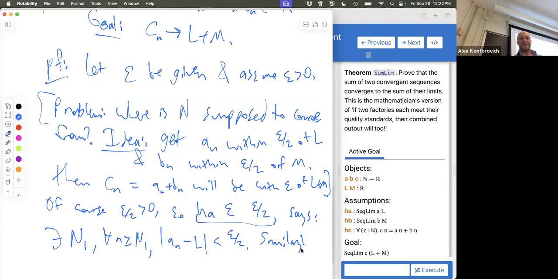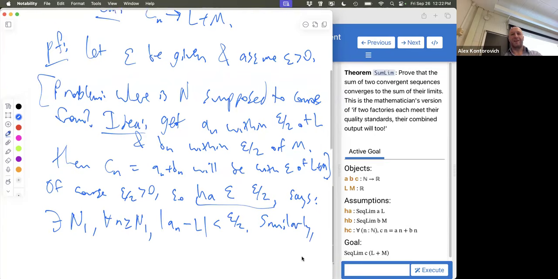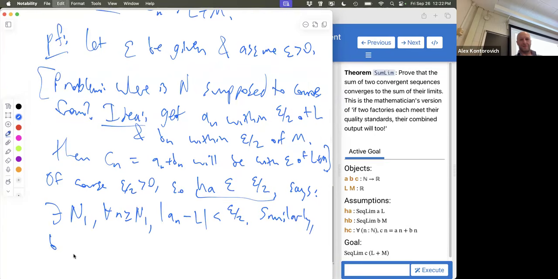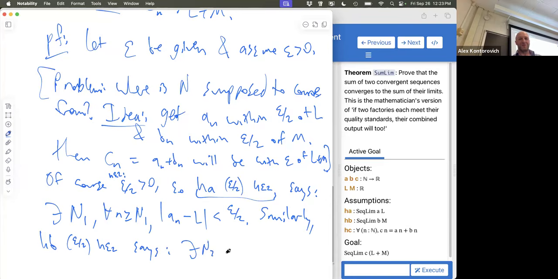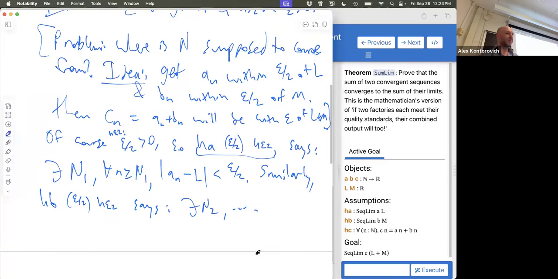Similarly, HB applied to epsilon over 2 says that there exists an N2, and so on, with bn and M still bounded by epsilon over 2.